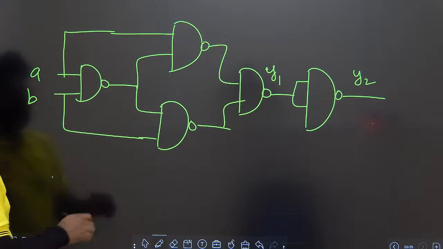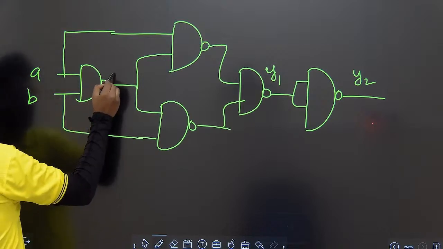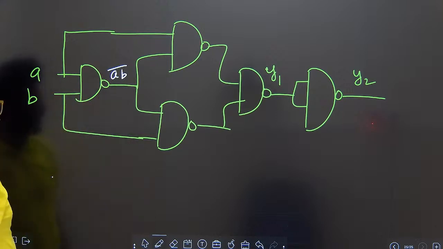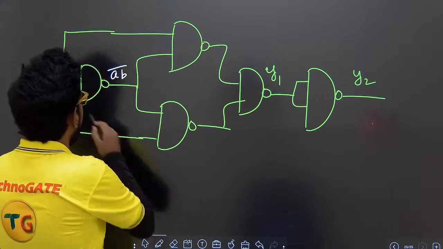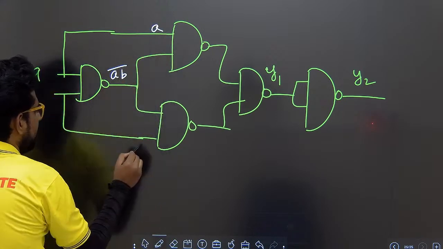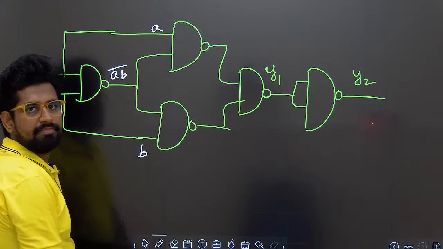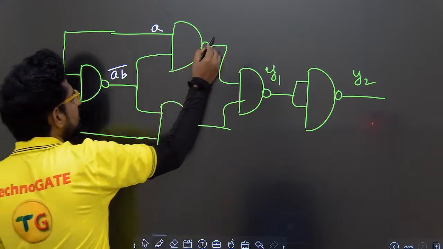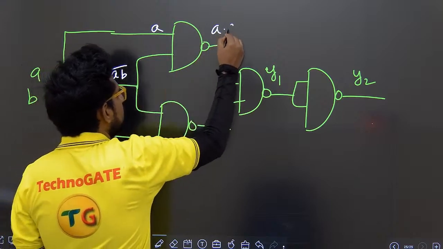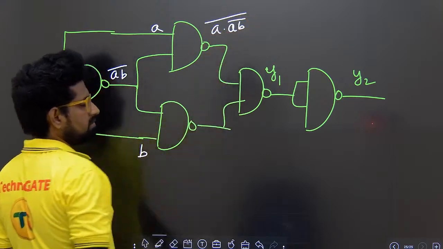Very good. So let's see, A, B means here the output is AB bar. So the A signal is coming here and the B value is coming here. Coming to here, A into AB bar whole bar.